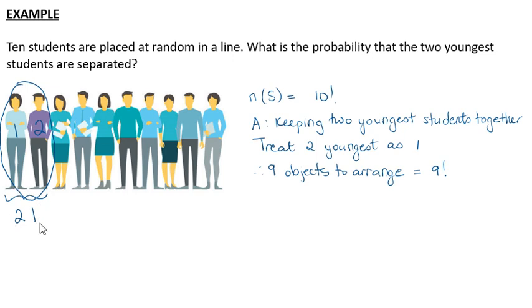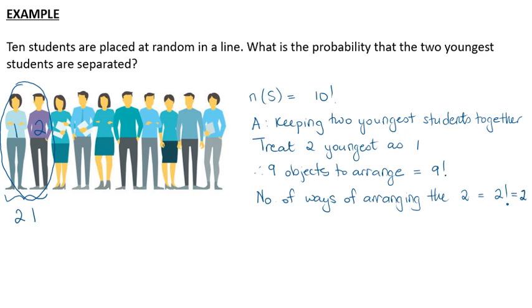So we have to also work out the number of ways of arranging those two between themselves. So number of ways of arranging the two: two factorial or just two, right?